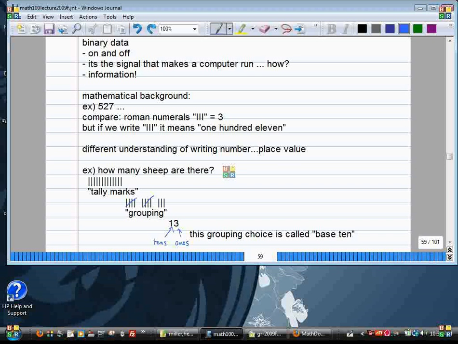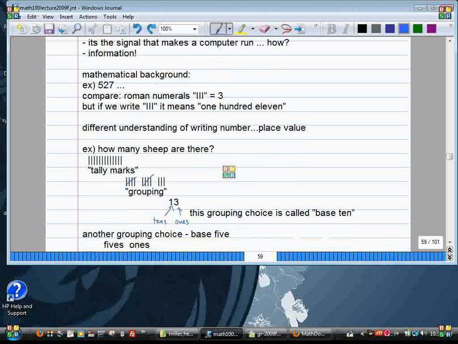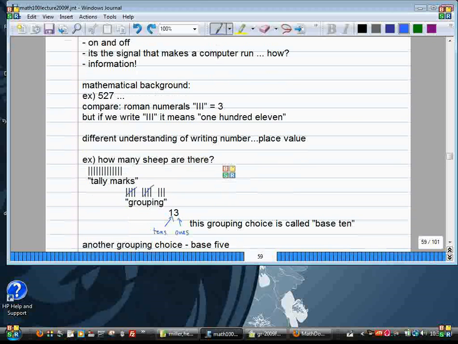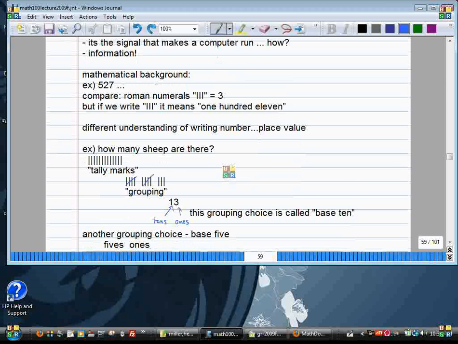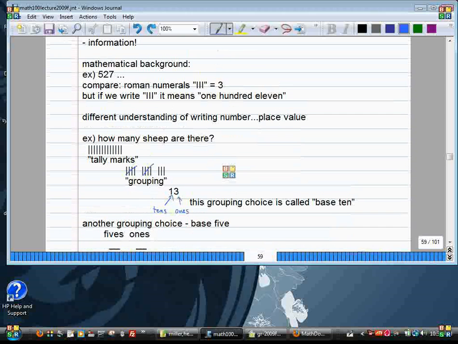You dig? No, this is not 2 tens. It's 2 5s. Right. So the difference is that we have to say that we're grouping using 5s. And that's what's called base 5. So in this case, we have 2 5s and 3 1s.